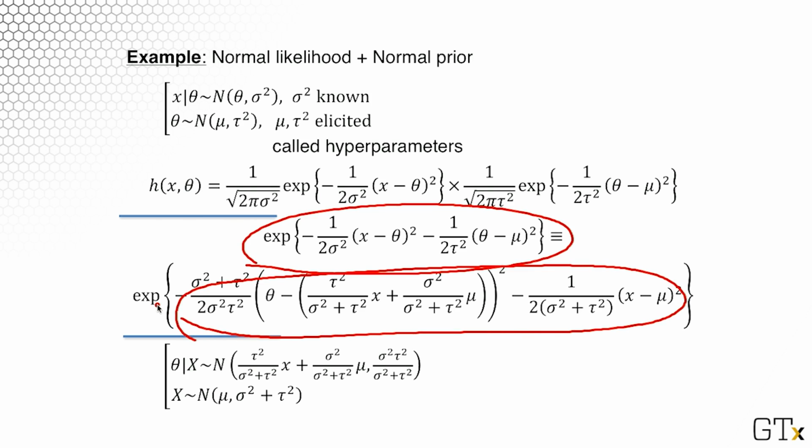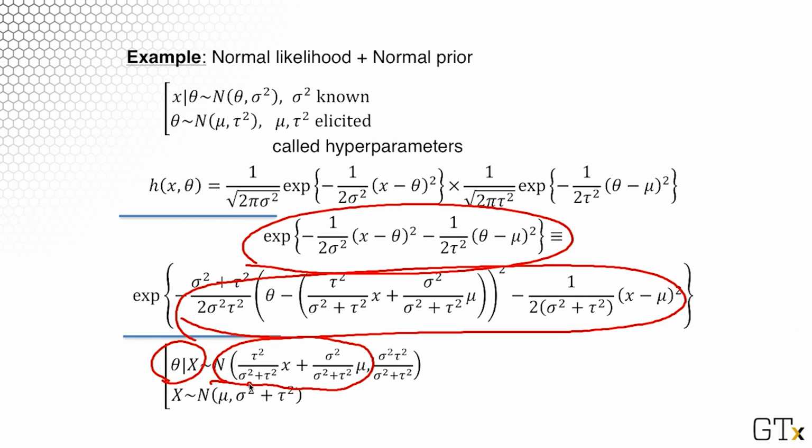This leads actually to product of two normal distributions because we have variable minus something, the quantity squared, and also variable minus something divided by some variability in the second part. So when we consolidate these to product of two normal distributions, we conclude that theta given x is normal and x, which is marginal, is also normal. Now the mean of this posterior is very important.